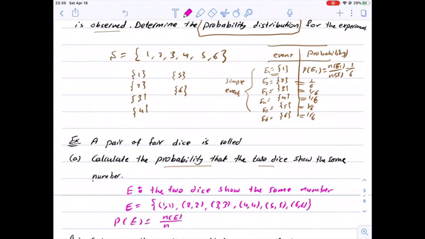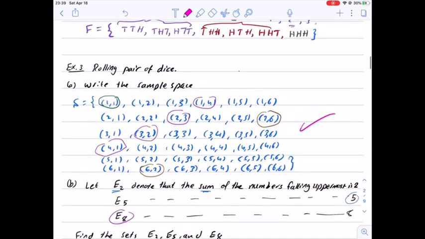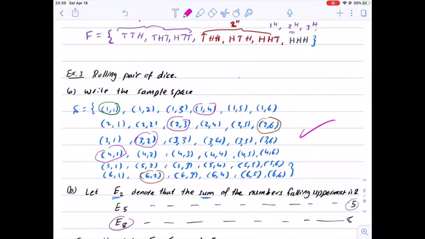Now we want to find the probability of the event E. That's the number of elements of E over the number of elements of S. Number of elements of E, how many elements are there? 1 2 3 4 5 6, over how many elements are there in the whole sample space.